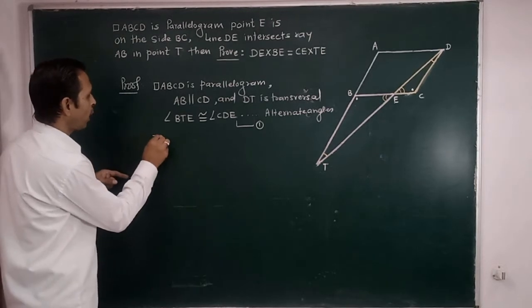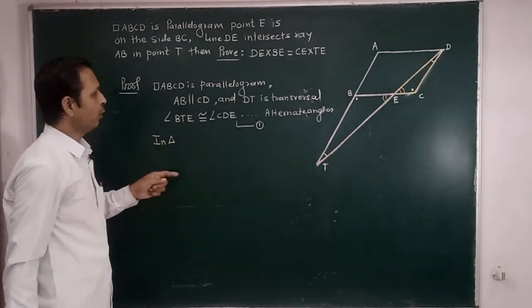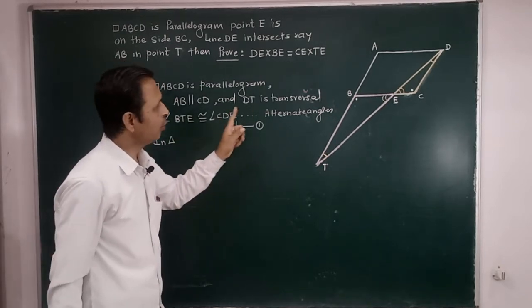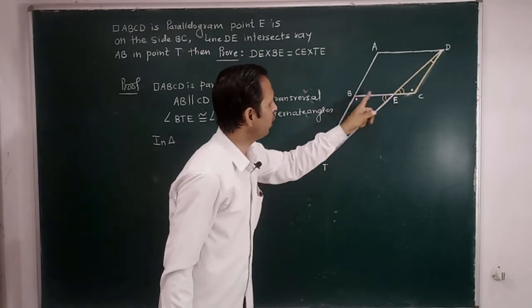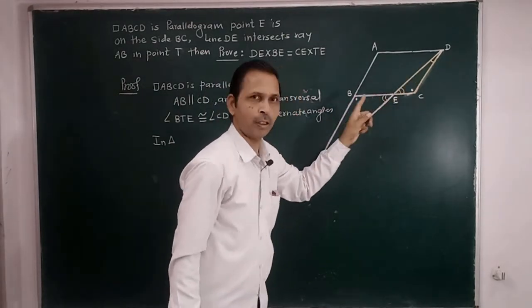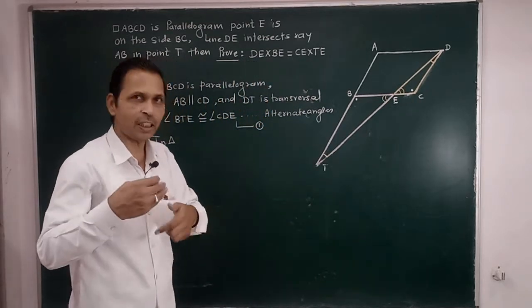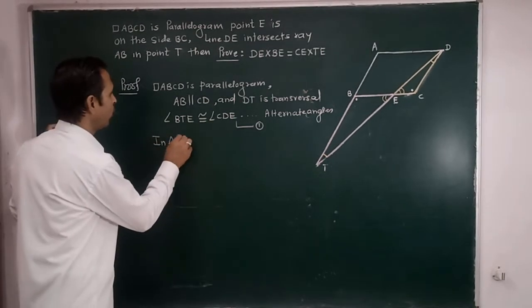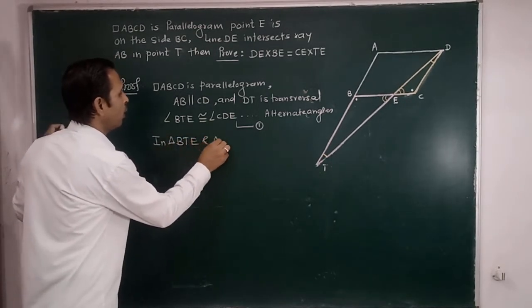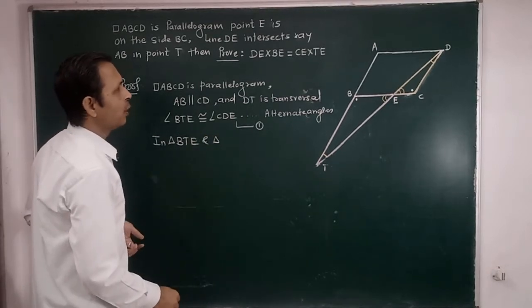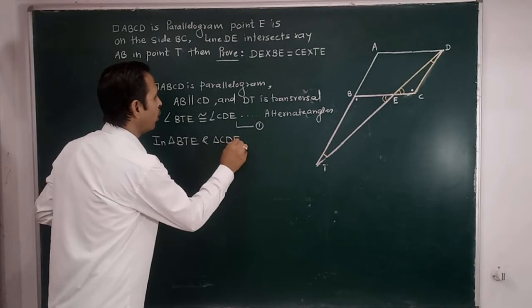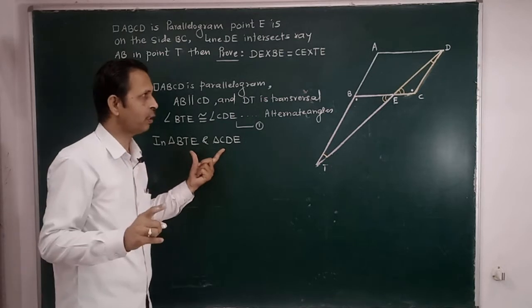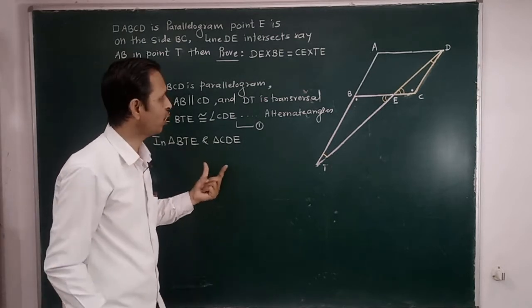Now take the two triangles. Here we take angle BTE congruent with CDE. Instead of this angle, we can take angle TBE congruent with DCE, because this is also an alternate angle when we change the transversal. Now in triangle BTE and triangle CDE, write the names of the triangles with one-to-one correspondence by observing the figure and the corresponding angles and corresponding sides.